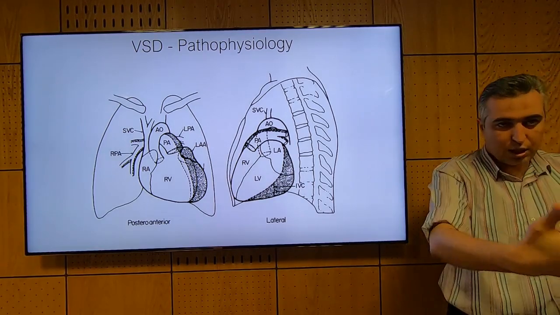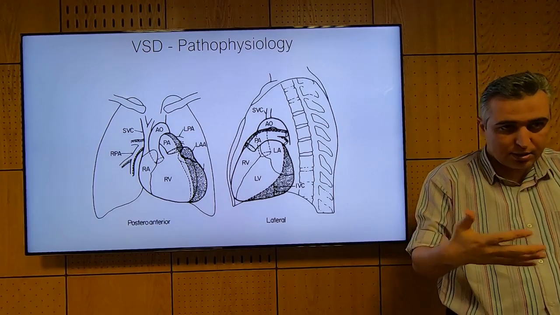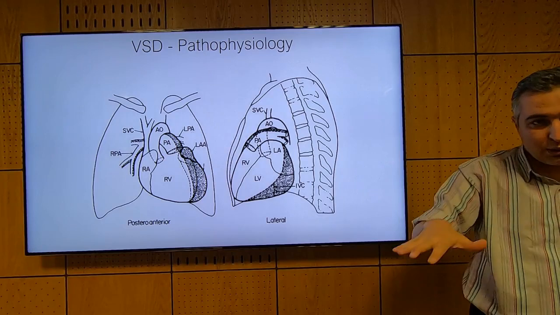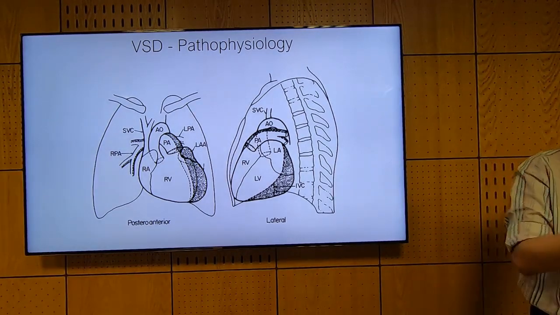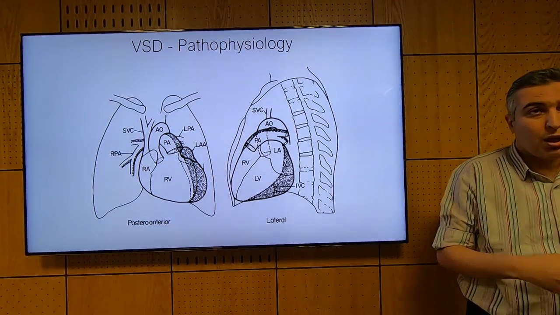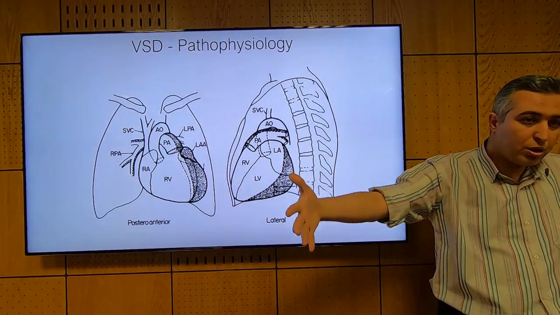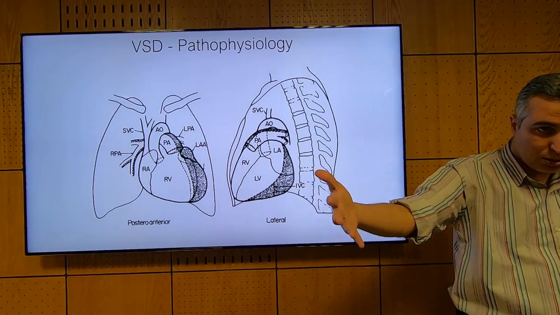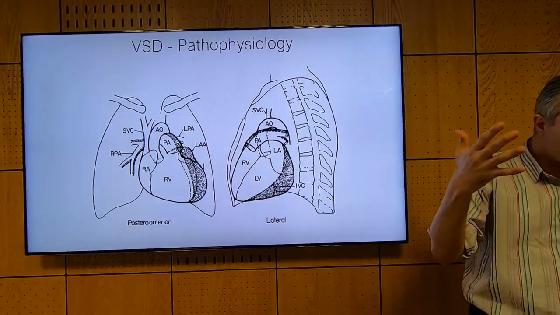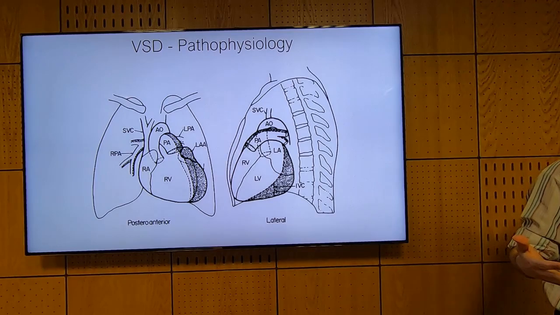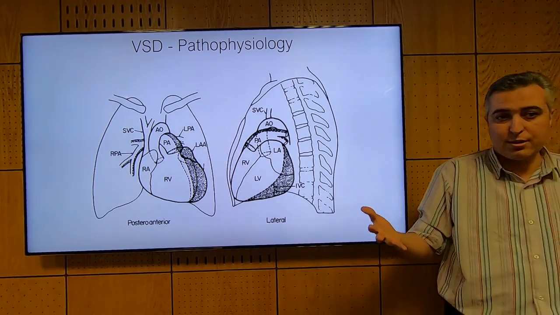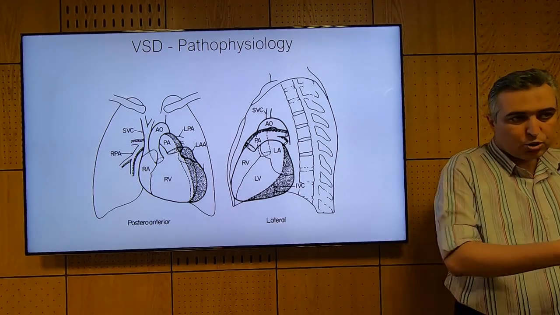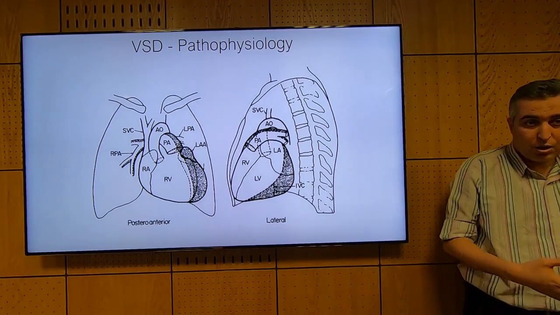So the filtration across the pulmonary capillaries is high, and so the fluid in the interstitium of the lung is more than normal. The space in between the alveoli and the capillaries gets filled by fluid, and so gas exchange gets less. So these patients get difficulty in breathing because it is more difficult to get gas exchange, and so they get dyspnea.